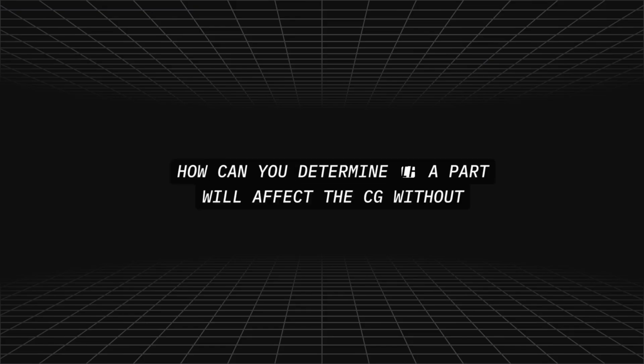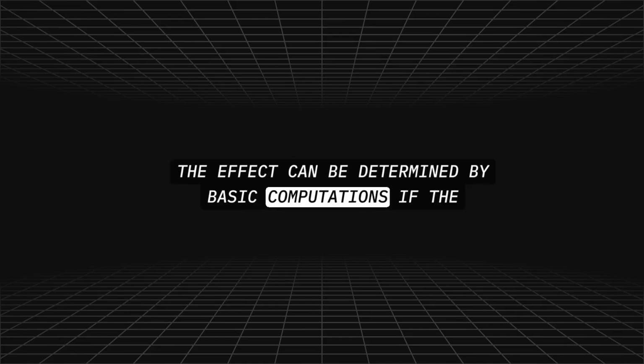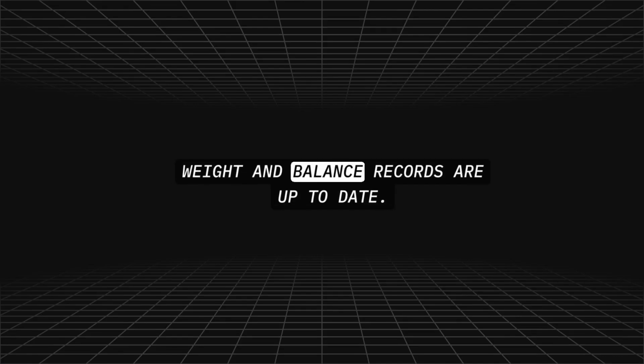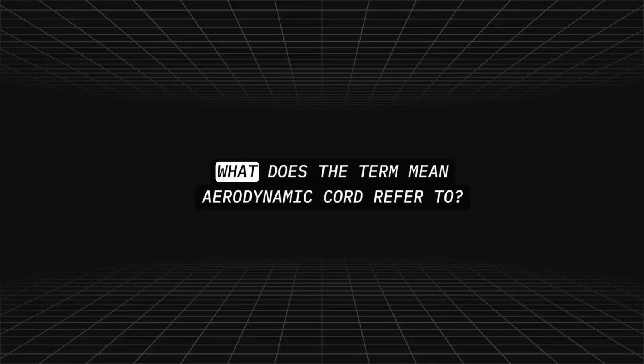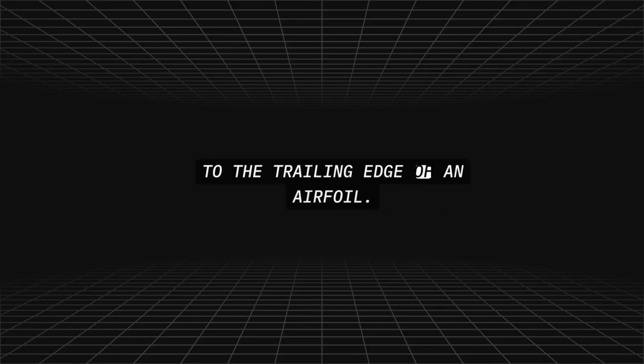How can you determine if a part will affect the CG without weighing the aircraft? The effect can be determined by basic computations if the weight and balance records are up to date. What does the term mean aerodynamic chord refer to? The mean aerodynamic chord is the average chord or distance from the leading edge to the trailing edge of an airfoil.